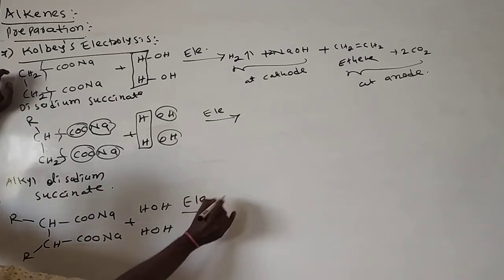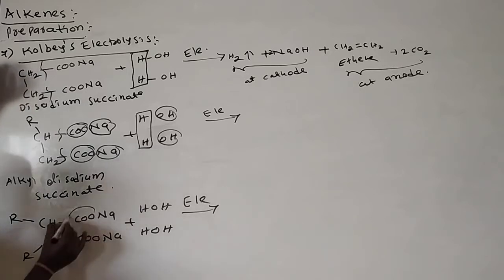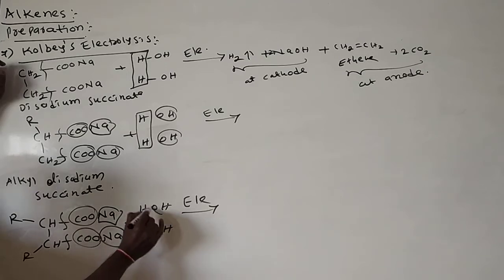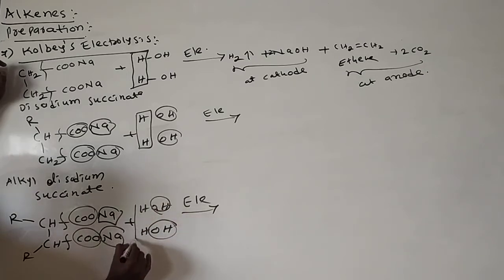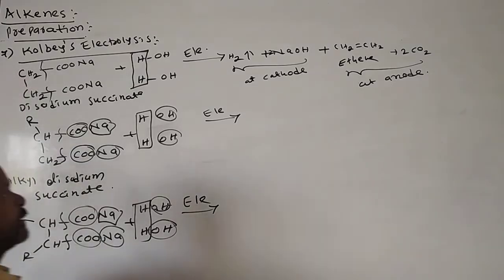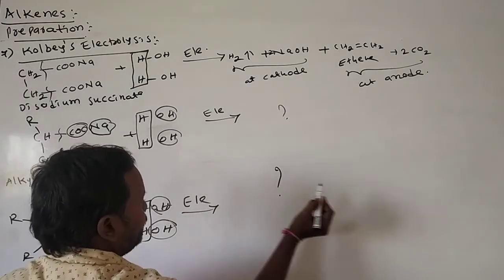Pass the electricity. Dialkyl substituted means carbon dioxide is removed. It breaks, and we will get alkene, sodium hydroxide, and H2 released. Based on this, you write the product.